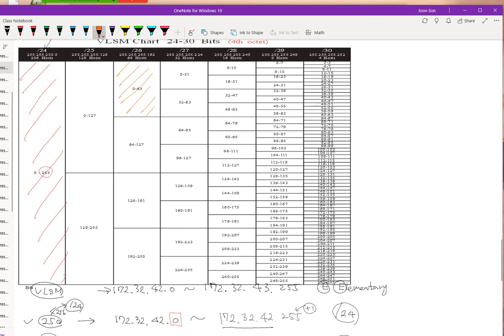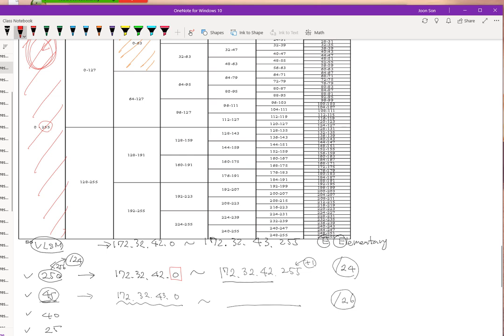Okay, so remember, when you use this red address space, as you can see, you are really starting from the new class C network, right?